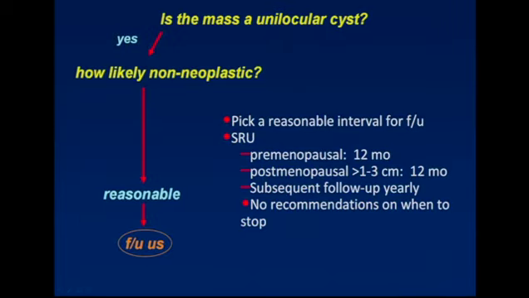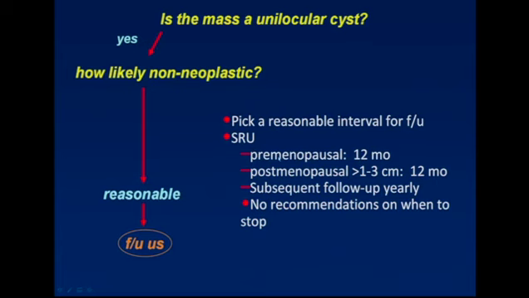So, if it's a simple cyst and you're going to follow the cyst because it falls into your follow-up criteria, you need to pick a reasonable interval for that follow-up. The Society of Radiologists in Ultrasound, as a simple rule, stated that if it's a premenopausal patient and an over 5 centimeter simple cyst and you're going to follow it, get the follow-up in 12 months.